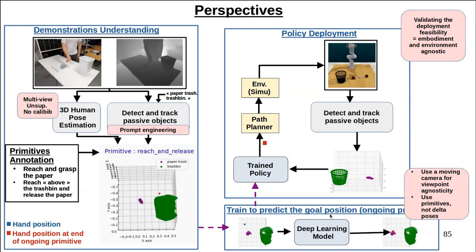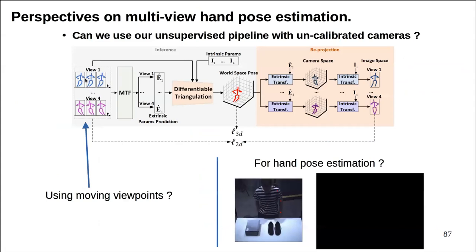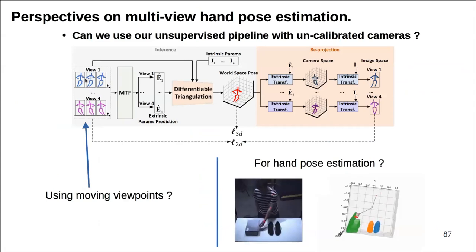Okay, now the perspectives. First, we didn't use our multi-view unsupervised setup to annotate the pose of the humans in our demonstrations. But it could be interesting to investigate using such a multi-view setup to annotate our demonstrations.